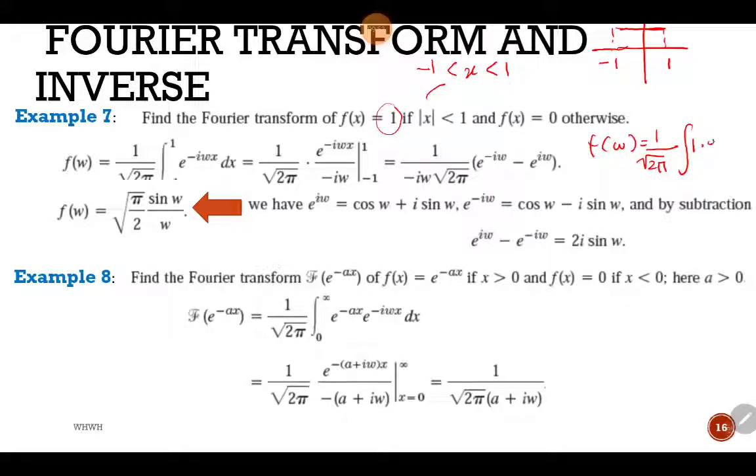So this is e negative i omega x dx. So what is i here? i is the imaginary number or square root of negative 1. Okay, so kita nak integrate daripada mana sampai ke mana sekarang ni?